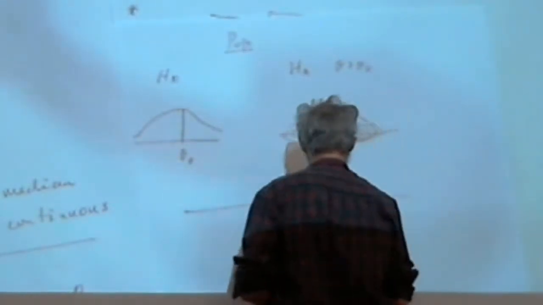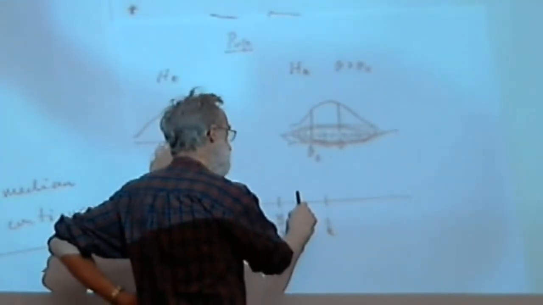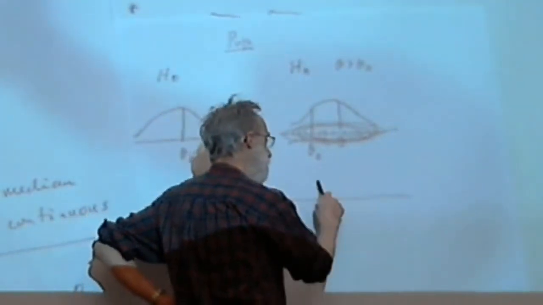Here's n over 2, that's what you would expect under this. And then here's the K. So you'd expect S to be around here under H naught, and around here under HA.